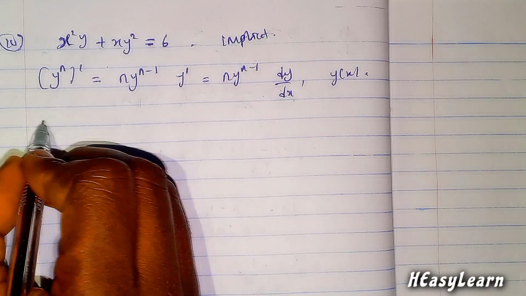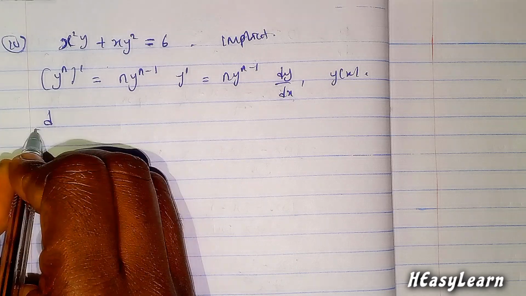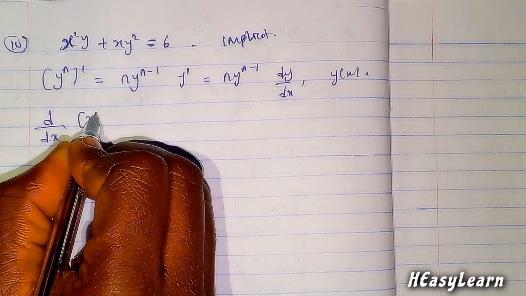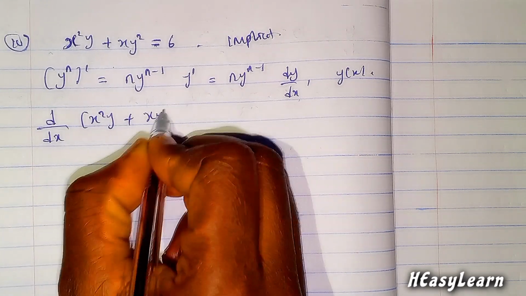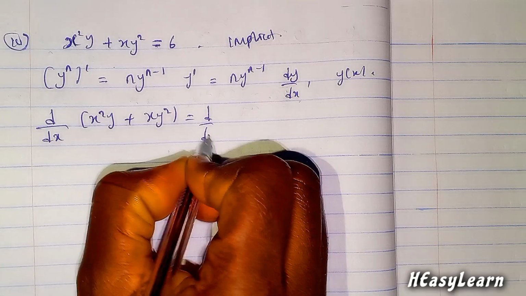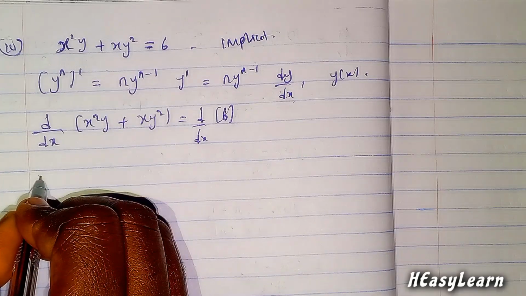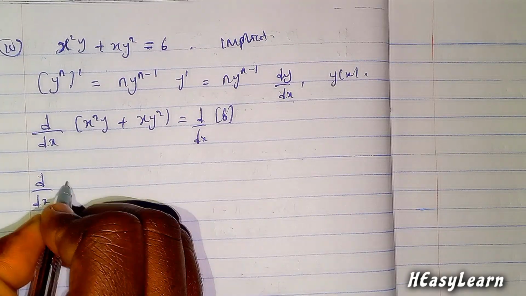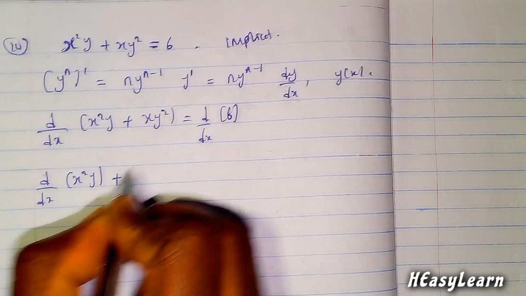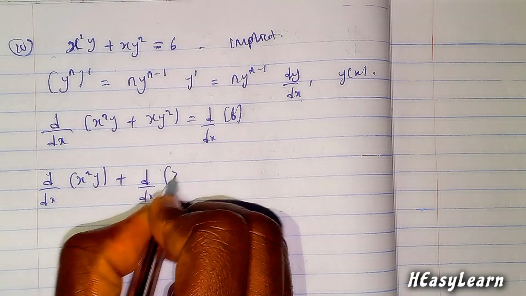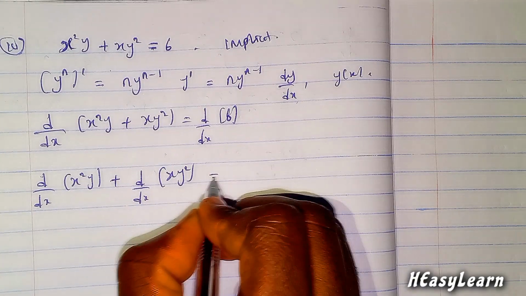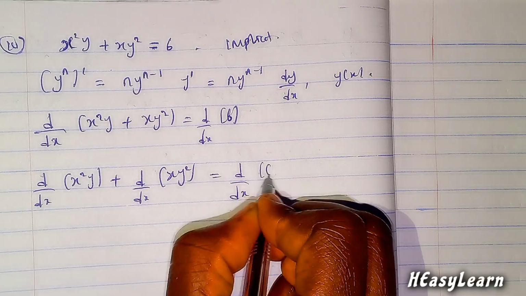So in this case, you are going to differentiate it term by term. d dx of x squared y plus x y squared equals d dx of 6. d dx of x squared y plus d dx of x y squared equals d dx of 6.